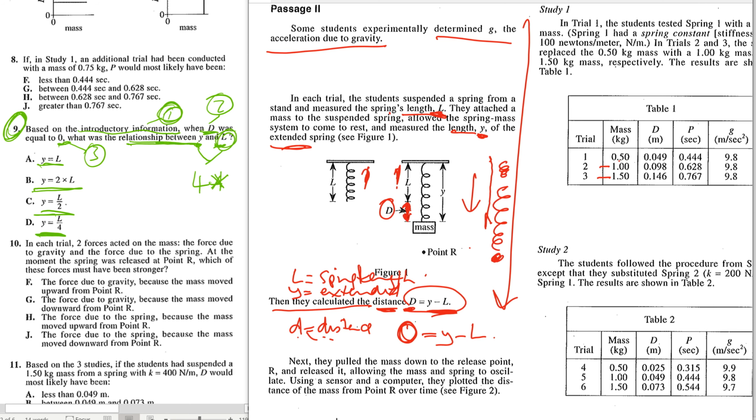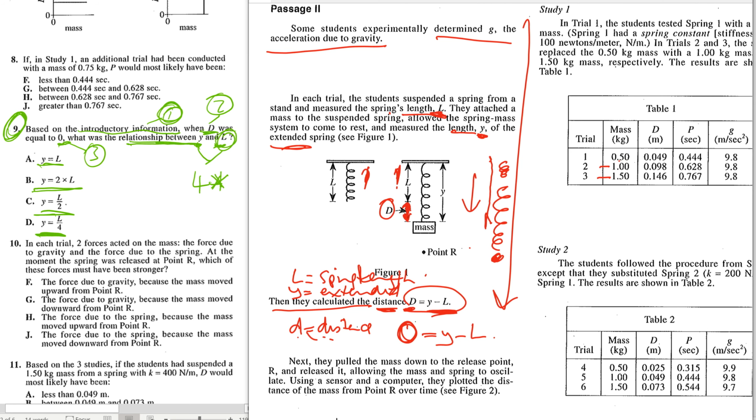So hopefully this makes sense, if the distance that the spring extends is 0, then the spring doesn't extend at all, right? If d is how much it extends and that distance is 0, then the spring didn't move.